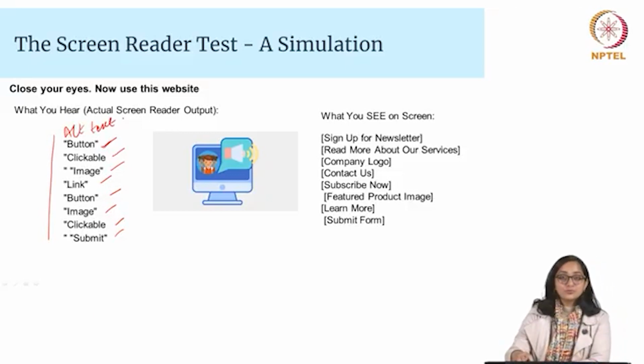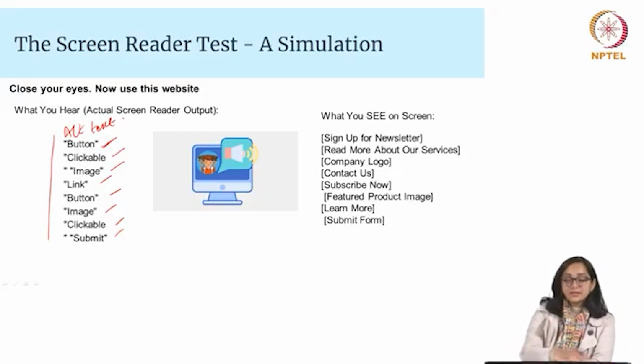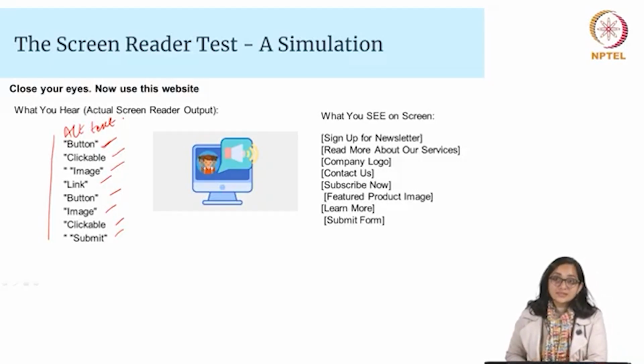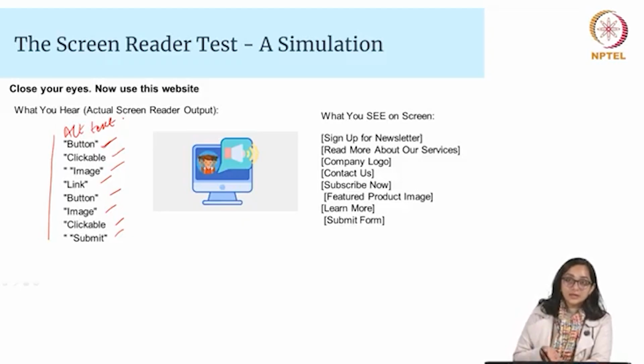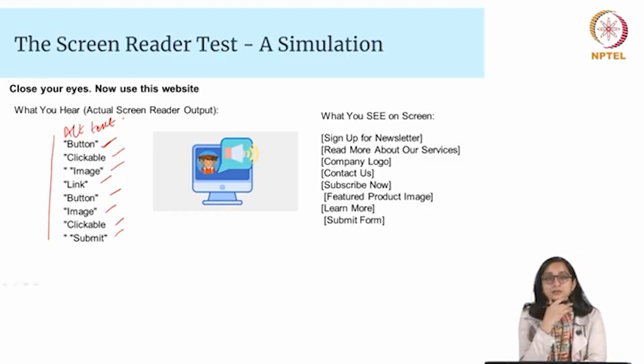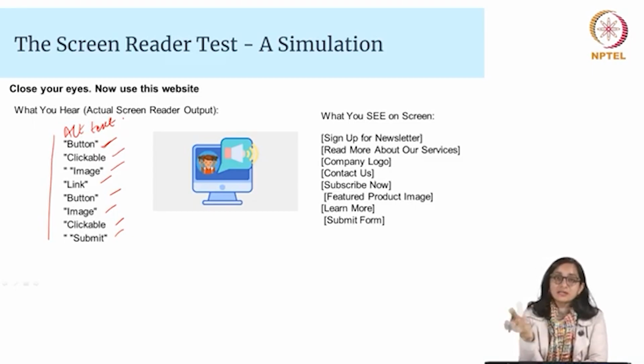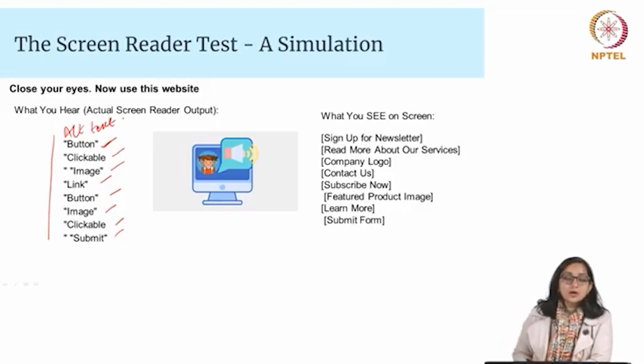So if we are able to augment the alt text with content which actually describes the role of that button or that click in the image, in the website, and what the visual signifier is also mentioning but is missing from the alt text, then it will make the lives of screen reader users very easy.